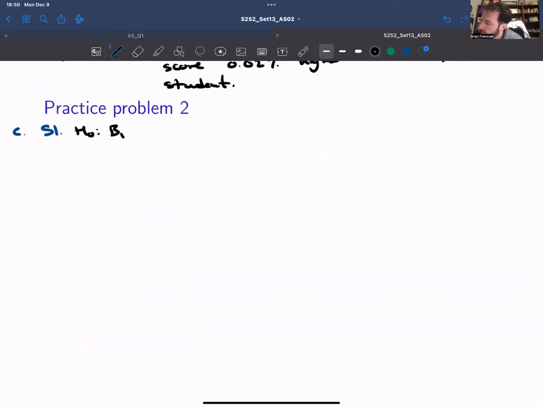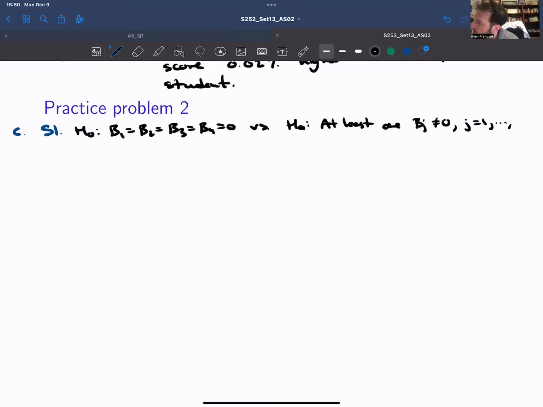So we're performing the utility test. The null is that the 4 slopes in the model are all equal to 0, versus the alternative that at least 1 beta j is not 0, j equals 1 to 4. You could also write this as the model is useful versus the alternative that the model is not useful.